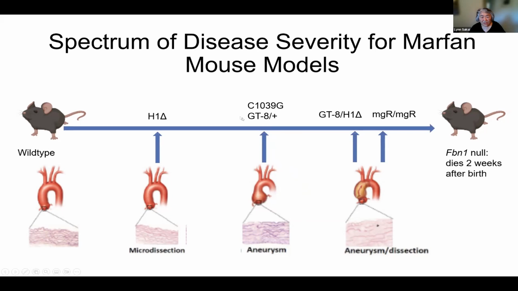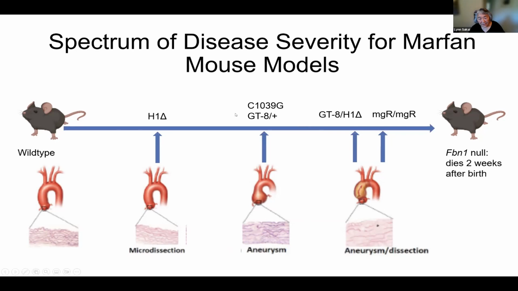We also have a mouse model that shows aneurysm without rupture, and we call that model GT8. And we have a new mouse model that we call H1 delta that develops no aneurysms, but it shows histological findings indicative of fragmentation of the elastic lamellae, and we call this a mouse model of microdissection.